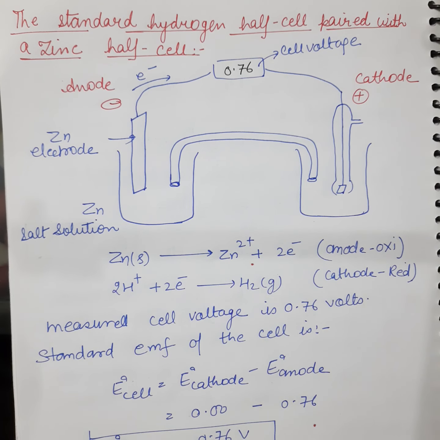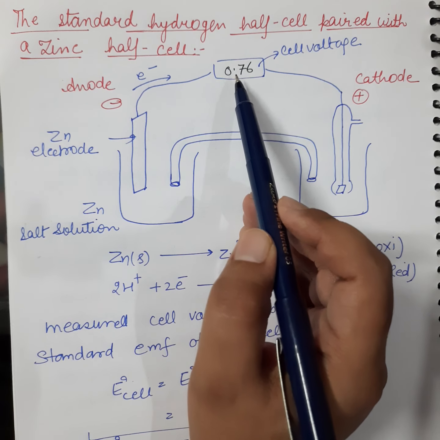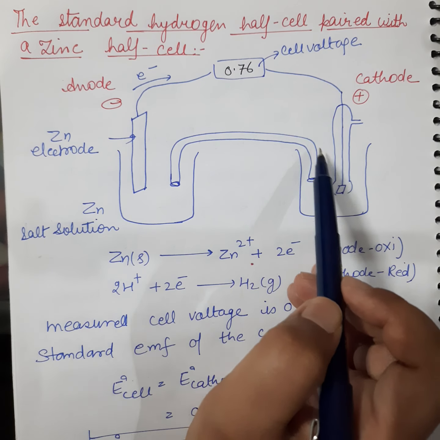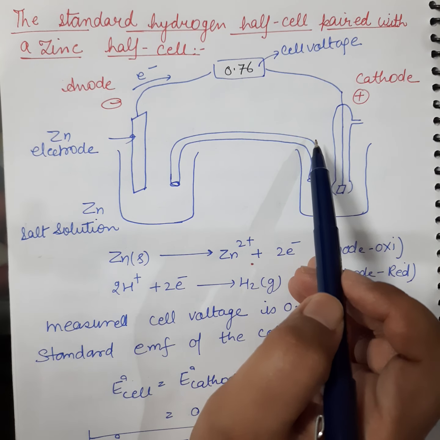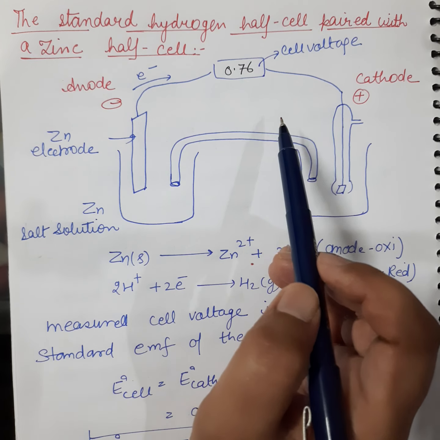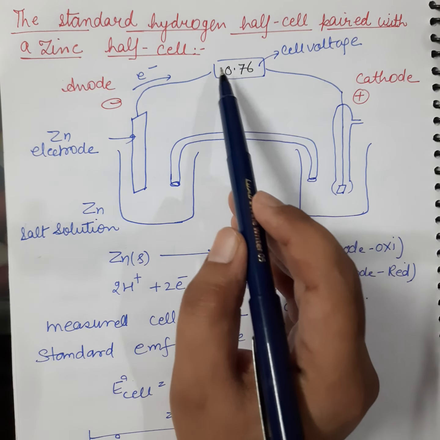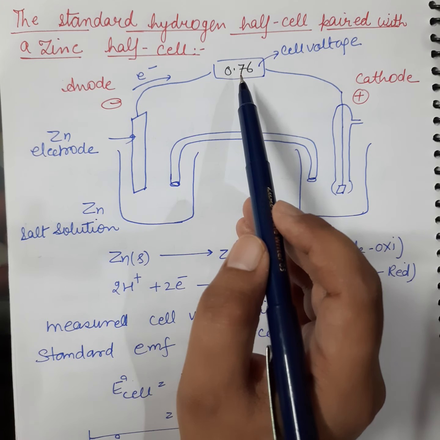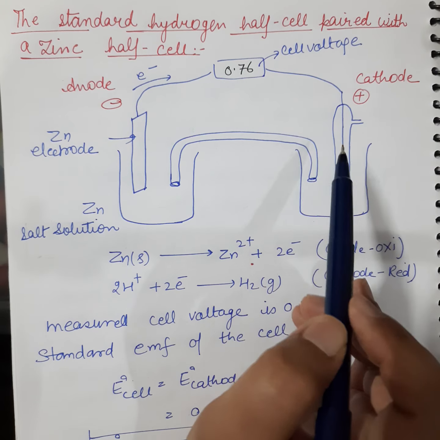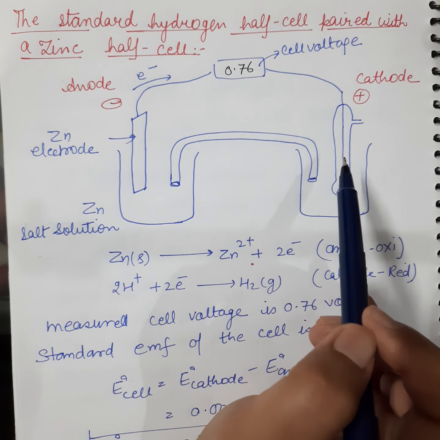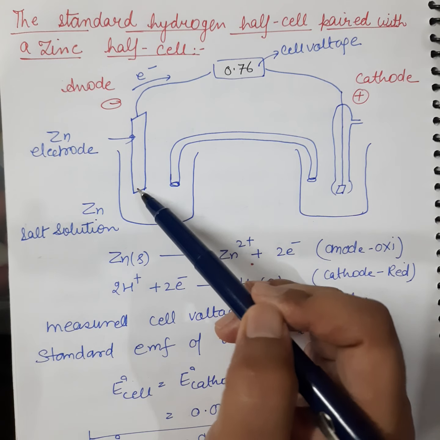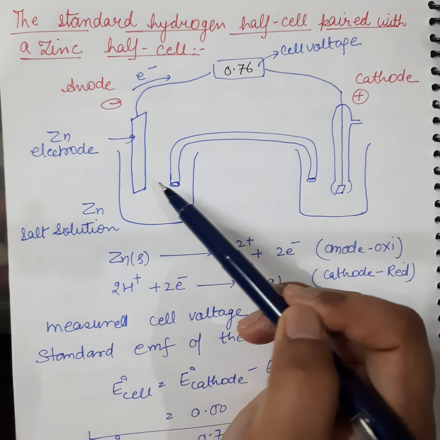The voltmeter reading comes out to be 0.76, since the standard hydrogen electrode has an electrode potential of 0.00 volt. Students, when the reading is 0.76, that means it is greater than 0.00 volt. That means the standard hydrogen electrode works as the cathode and the other electrode works as the anode.